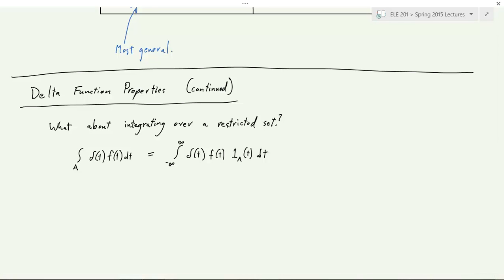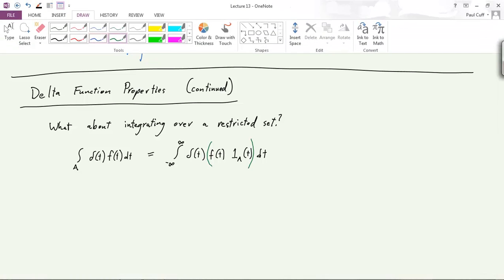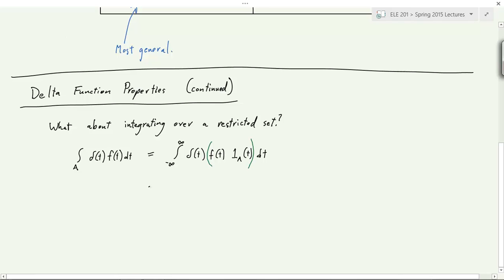And what is it? Well, now we should look at this part together as the function that we're multiplying by delta. And we know that we should get f of 0 times the indicator. We should just get that evaluated at 0, right?